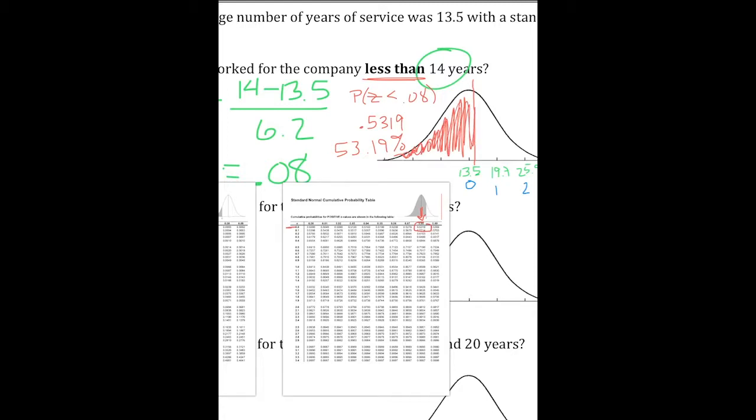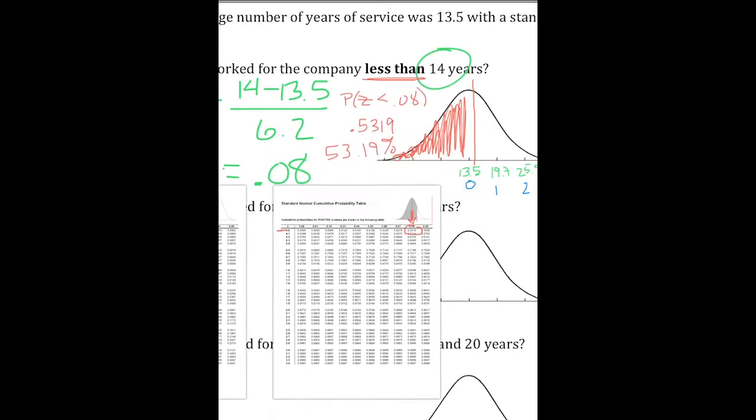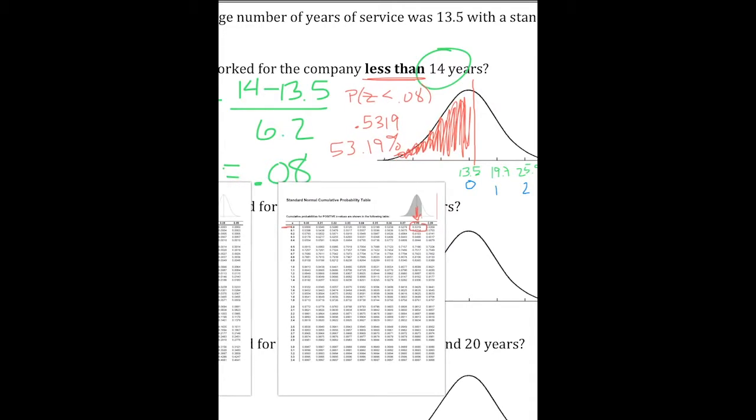There is a 53.19% chance that a person chosen at random will have been at the company less than 14 years, and 53.19% of the curve is colored in. Okay, so that was a less than problem.